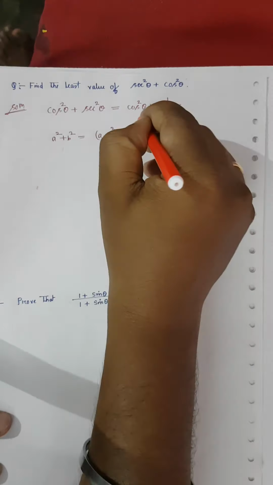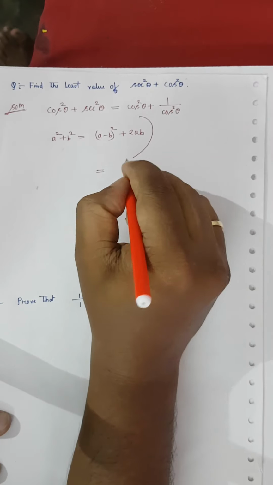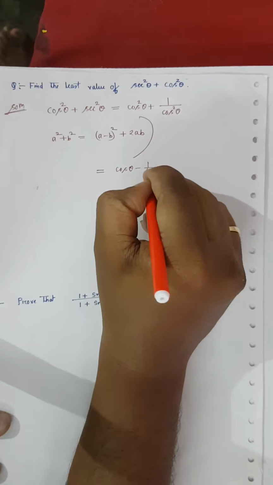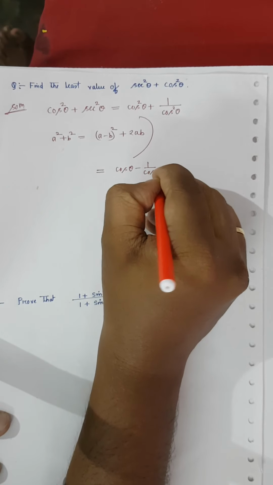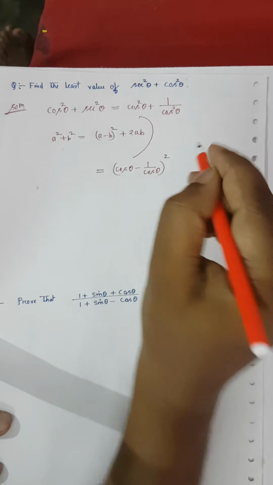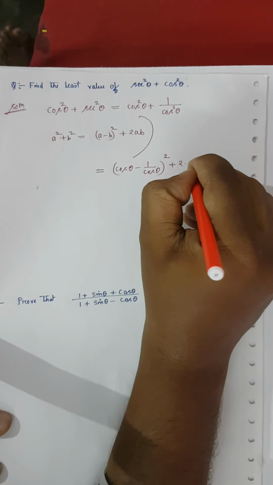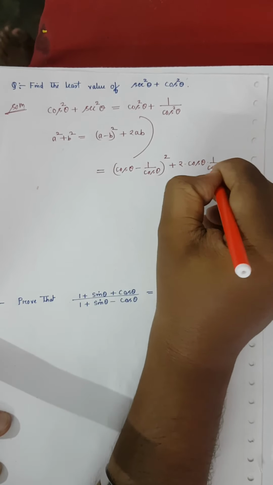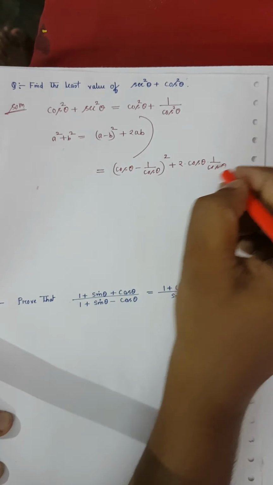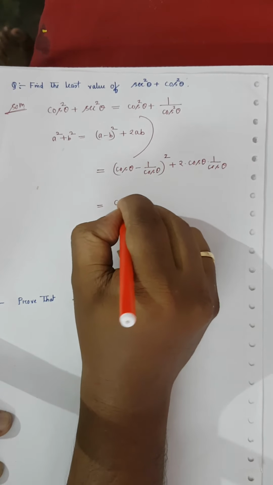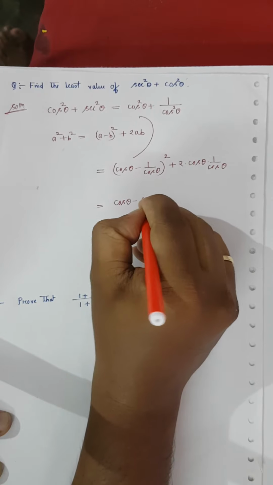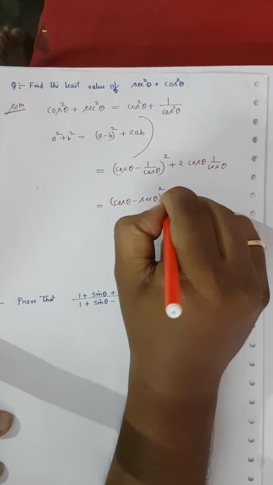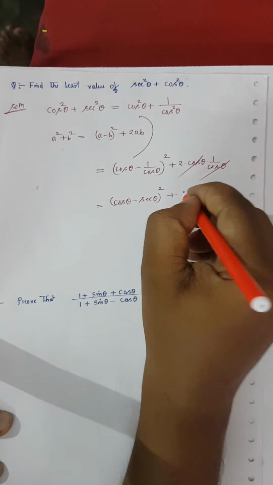So from here I can write this as (cos theta minus 1 by cos theta) whole square plus twice ab, 2 into cos theta into 1 by cos theta. So it becomes (cos theta minus sec theta) whole square plus, cos cancels, it is 2.